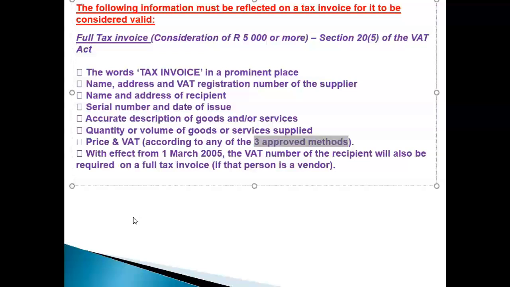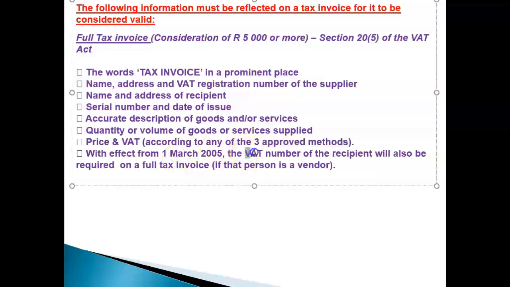Or I could have said to you, I've sold to you 6 Supermoon dining room chairs of 1,150 Rand each, 6,900, and then a small sentence can appear at the bottom of this invoice: included in the above amount of 6,900 Rand equals VAT of 15% or equals a VAT amount of 900 Rand. So any one of those three methods is approved by the receiver of revenue.